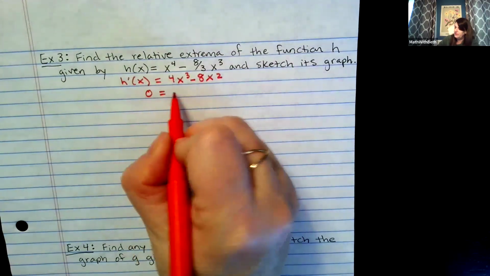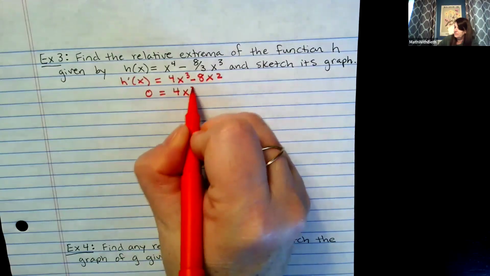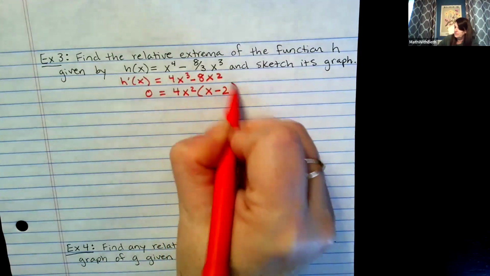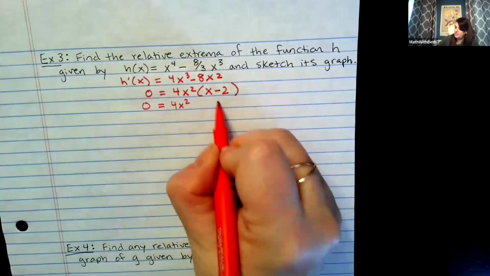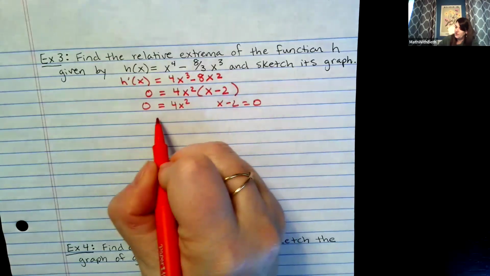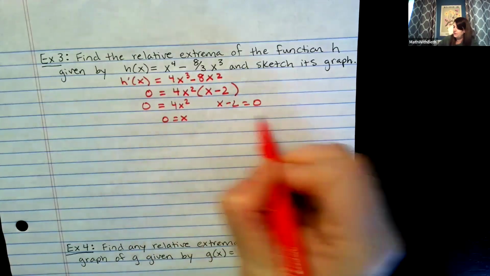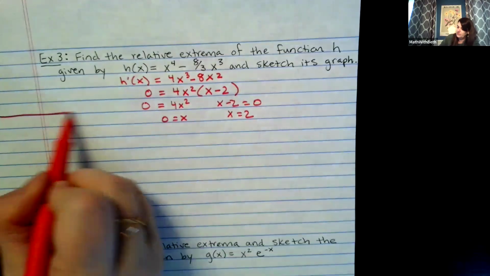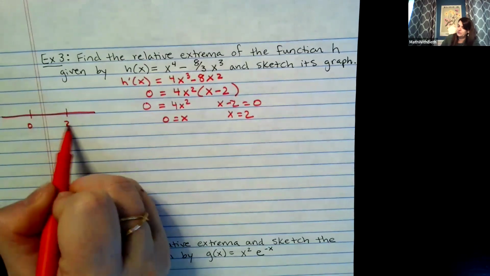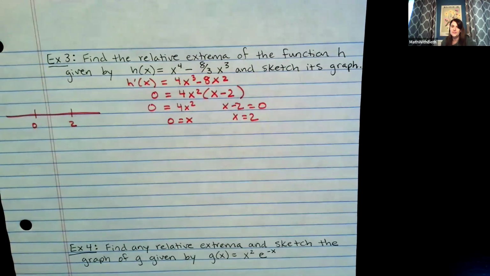Set that equal to 0 and factor. So you end up getting 0 and 2 for your possible critical points.